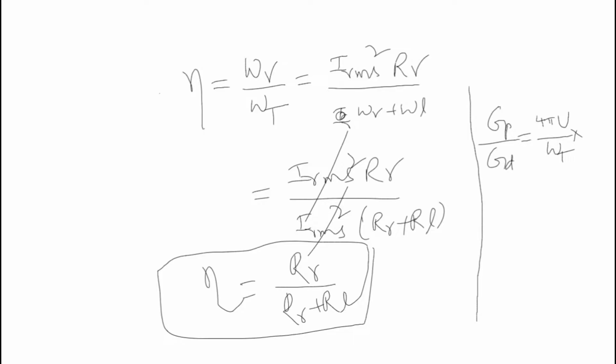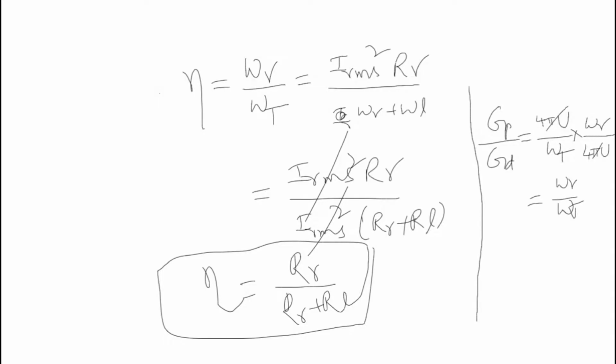And GD is 4 pi into U by WR. So this one cancels. We have WR by WT.